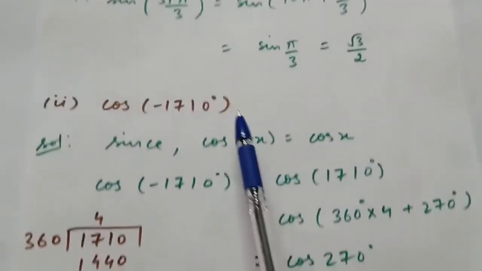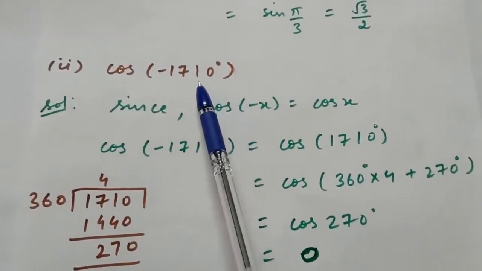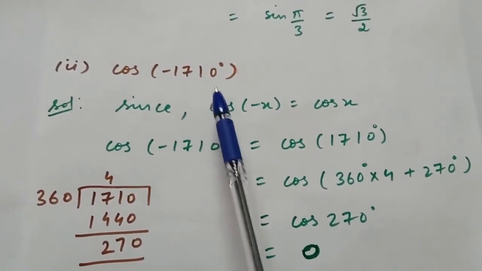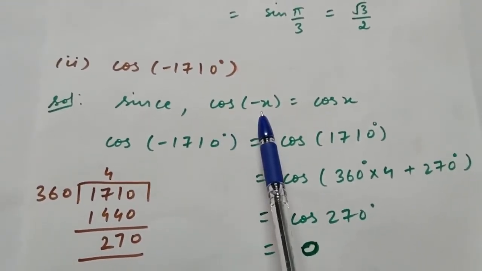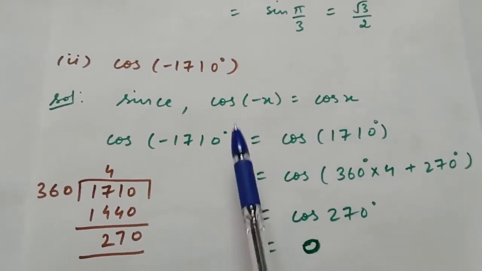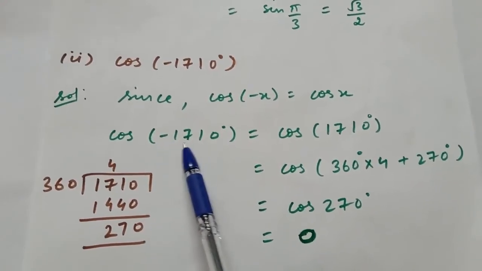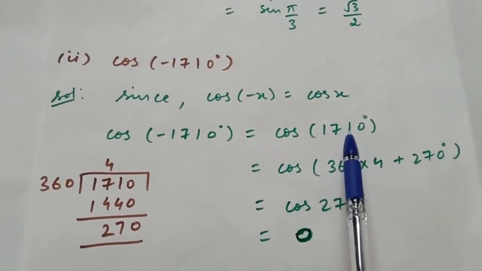Clear? Now, next is cos minus 1710. Since we know cos of minus x is cos x, cos of minus 1710 will be equal to cos 1710.